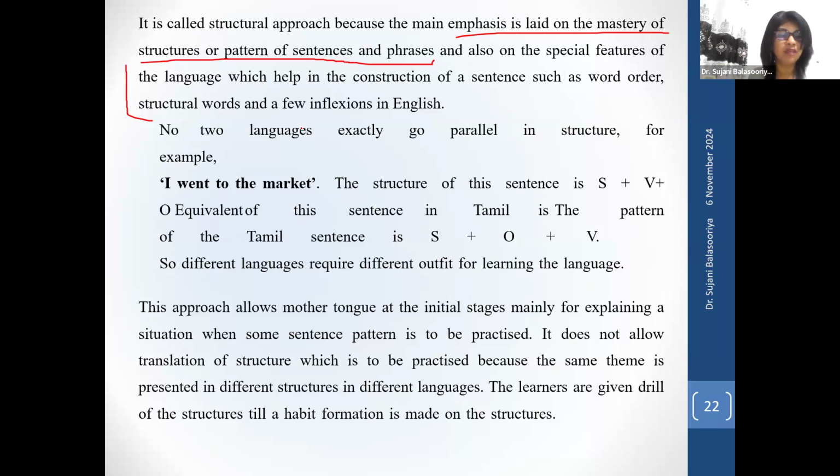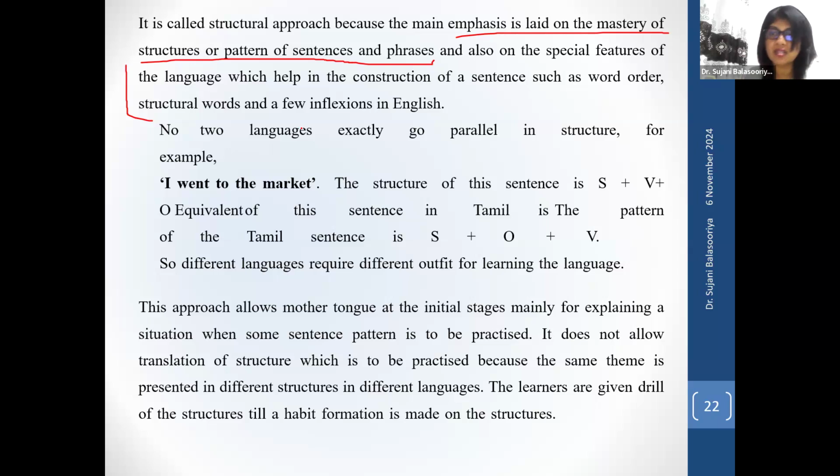And by way of that, forming linguistic habits in relation to the structures is done in structural approach, because definitely in structural approach, these differences that are available among the languages on structure are highlighted.